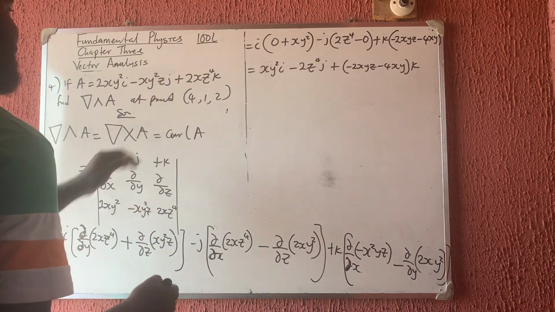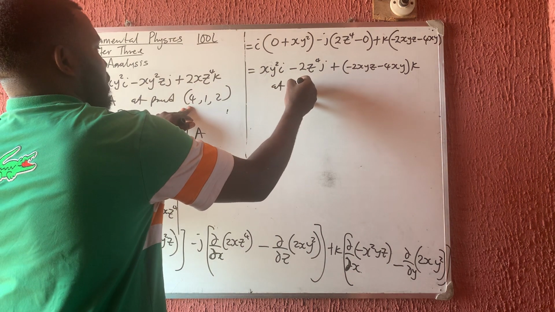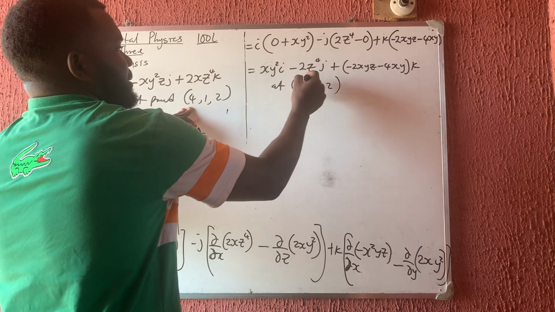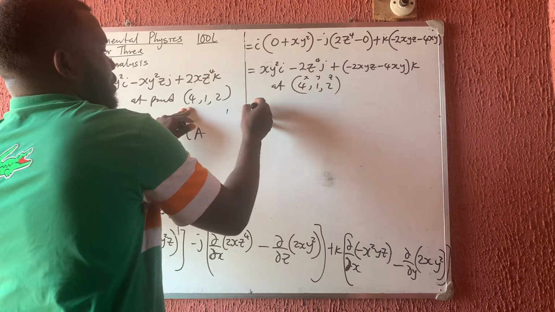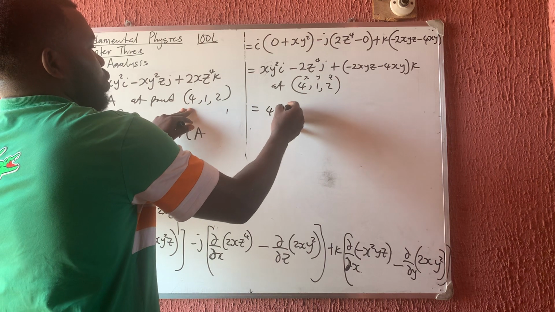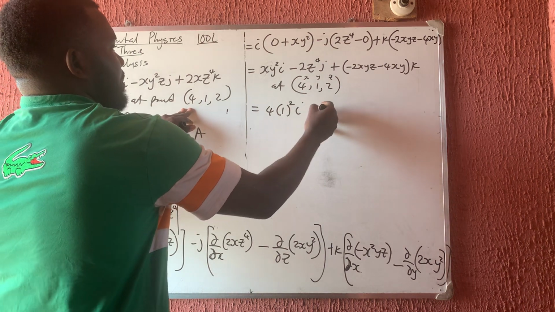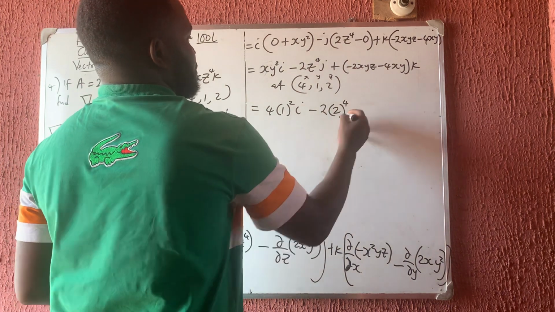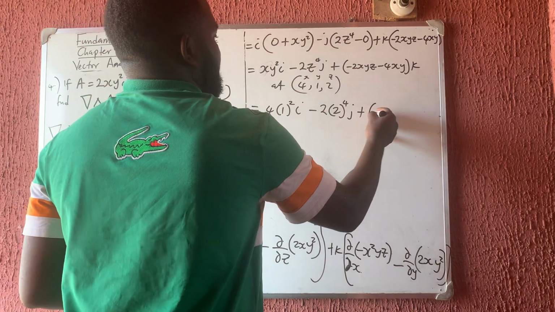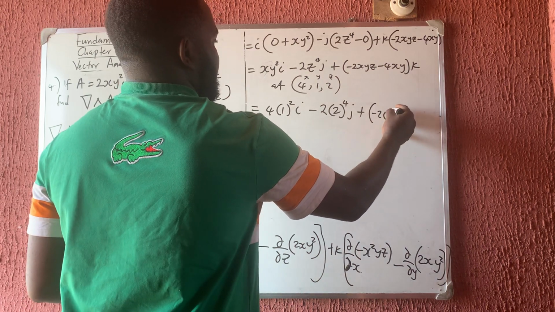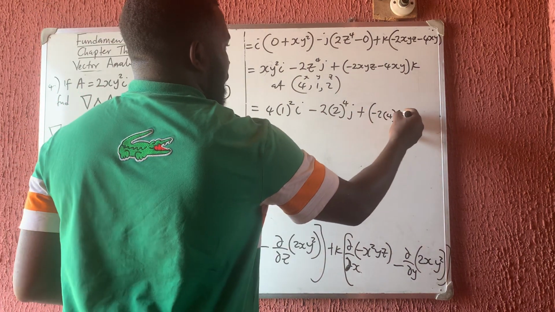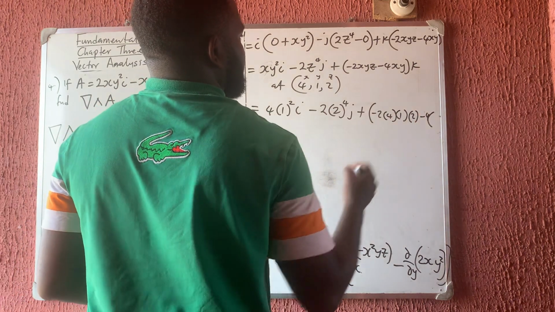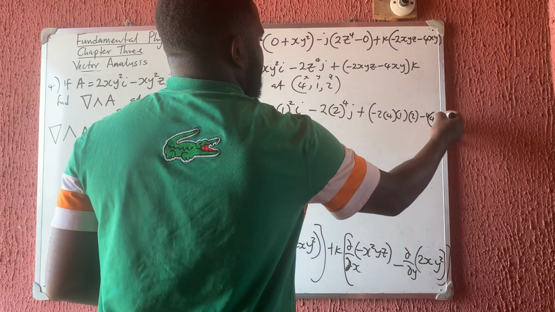So now they gave you a point, they say at point 4, 1 and 2. What does it mean? This is x, y and z. So put everybody. So I'm having 4 into 1 squared, you put your i, minus 2 into 2 raised to power 4, you put your j, then plus minus 2 into 4, into 1, then into 2, then minus 4 into 4 and into 1.